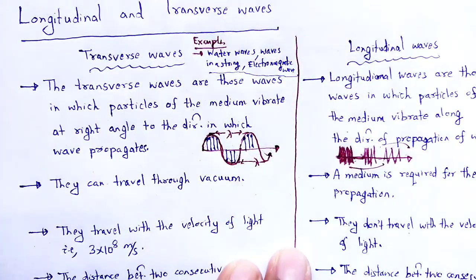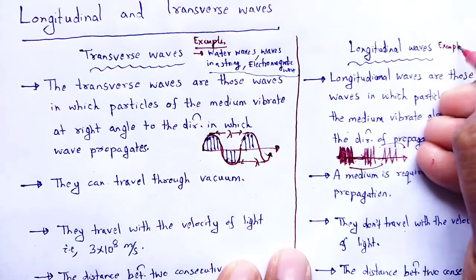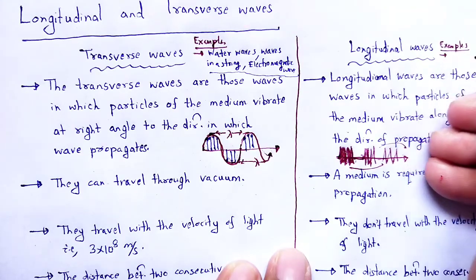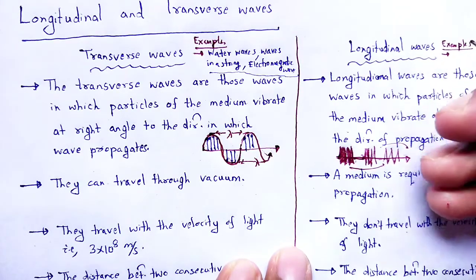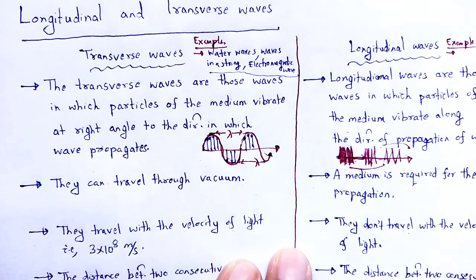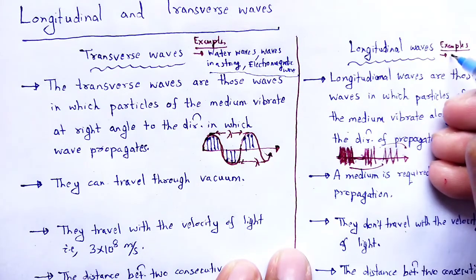But in case of longitudinal waves, examples of longitudinal waves are sound waves and waves in a spring.